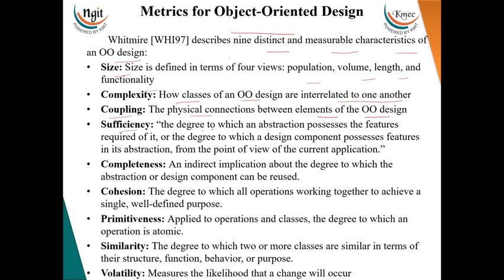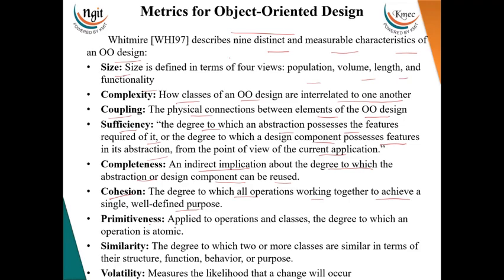Sufficiency is the degree to which an abstraction possesses the features required of it, or the degree to which a design component possesses features in its abstraction from the point of view of the current application. Next is completeness, an indirect implication about the degree to which the abstraction or design component can be reused. Next characteristic is cohesion: the degree to which all operations work together to achieve a single well-defined purpose.